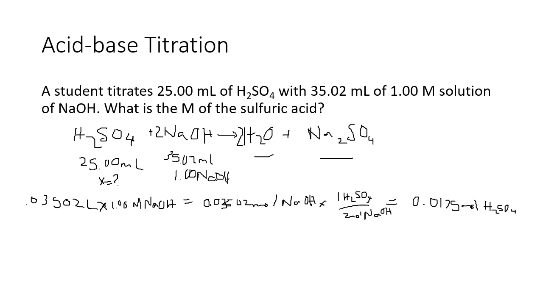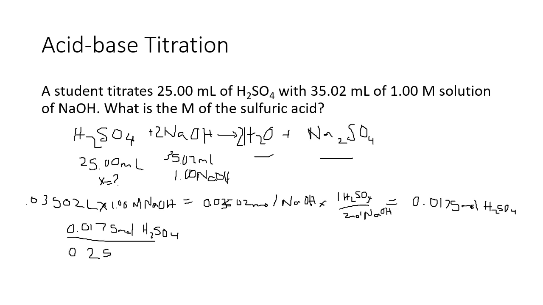Okay, and then we do the same thing that we did the last time, and we take that number of moles, and we put it over the volume, which, our volume was 25.